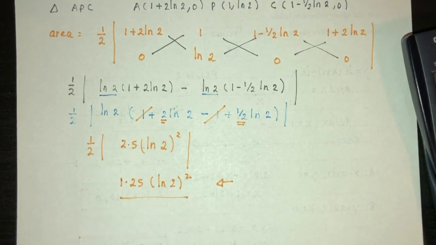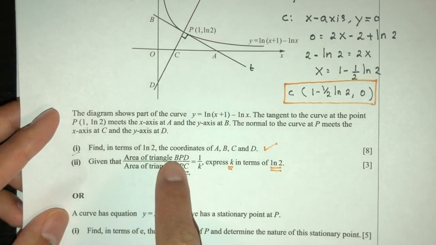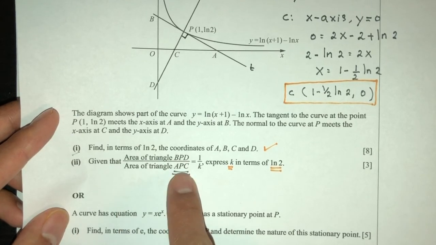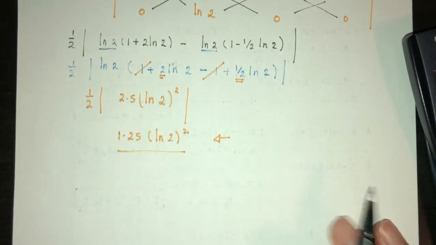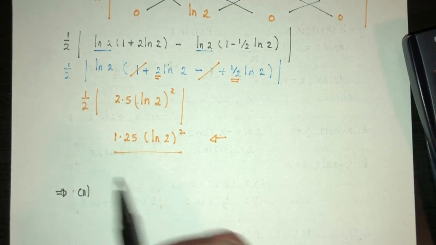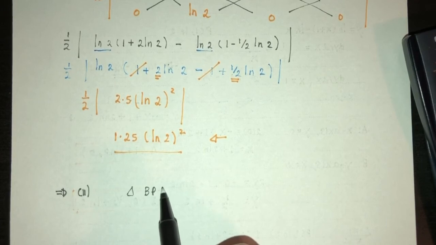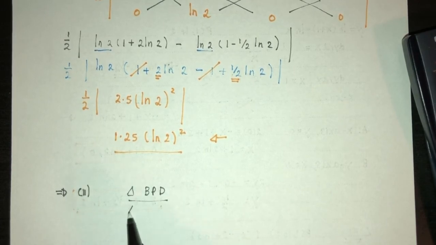Okay, so now we have to simplify the values. Go back to your main equation here. You can see that area of BPD over area of APC is 1 over K. So let's write this down. From question part 2, we have the area of triangle PBD over triangle APC.